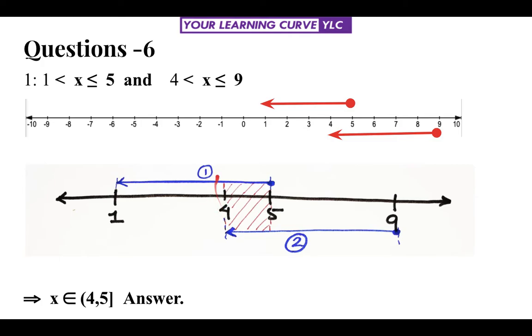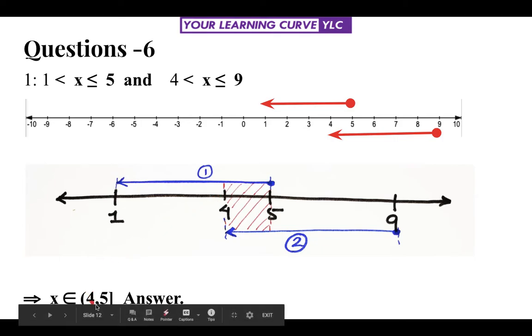So 4 satisfies the first inequality but not the second inequality, and we need x which satisfies both the inequalities. So 4 has to be excluded because it does not satisfy both the inequalities. So we put an open bracket over 4.